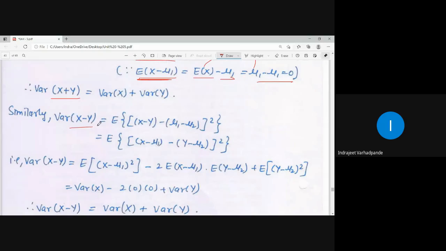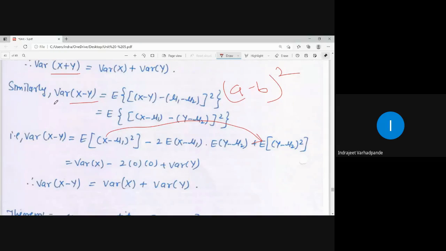Suppose you take it for var of x minus y. See, in the square, a minus b whole square or a plus b whole square, in both the first and last terms are always positive. Only the middle sign is changing. But here the middle term itself is 0. So ultimately for var of x minus y also, I get the same result: a minus b whole square, a square minus 2ab plus b square, the middle term is 0.